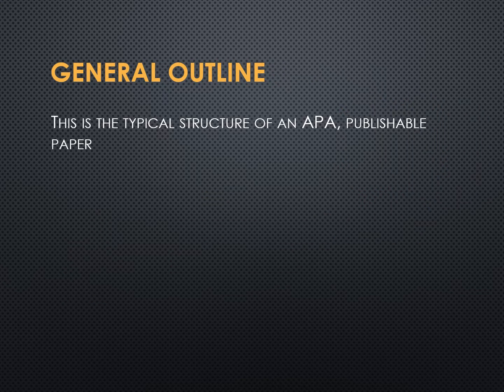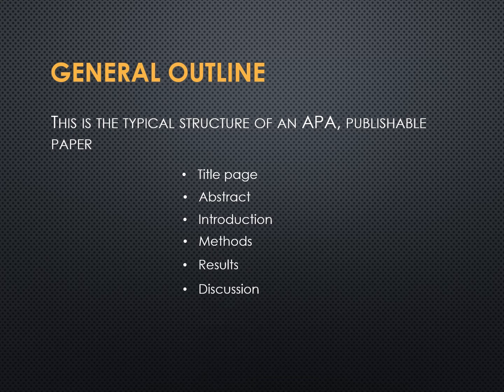So for a general outline, this is the typical structure of an APA publishable paper. There's a title page, an abstract, an introduction section, a methods, results, discussion, and references section. Now for this class, you're really only going to be focusing on a title page, an abstract, an introduction, a discussion or conclusion, and a references section.